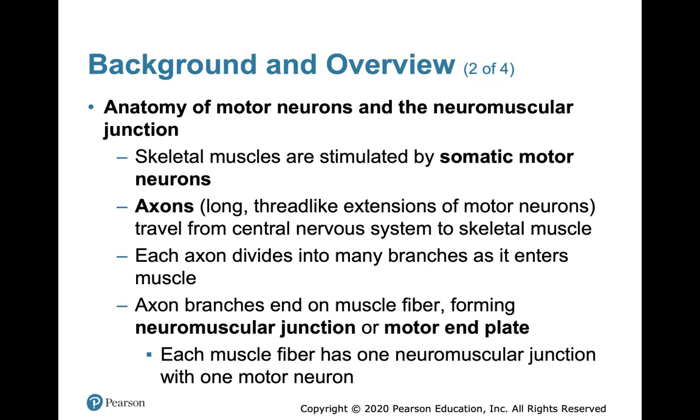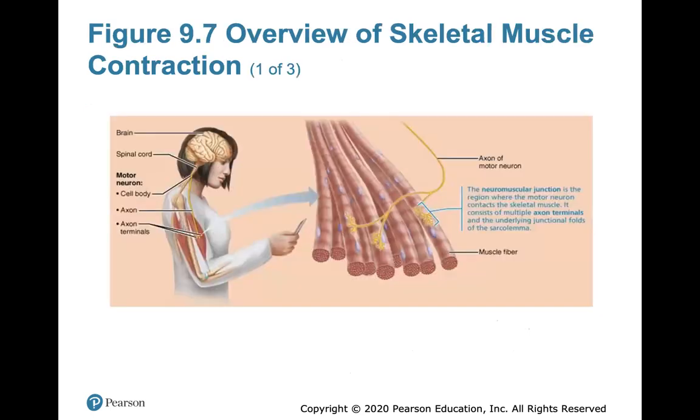And each muscle fiber has one neuromuscular junction with one motor neuron. So here we see the pathway that these impulses travel down through the axon of the motor neuron into each muscle fiber.